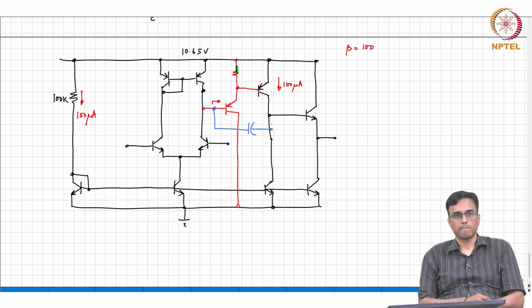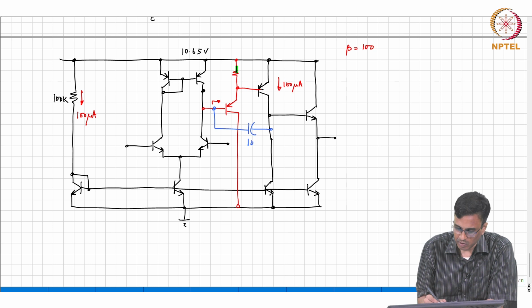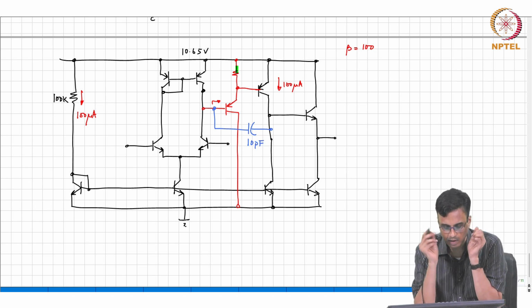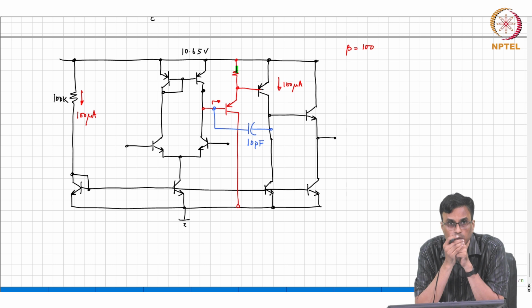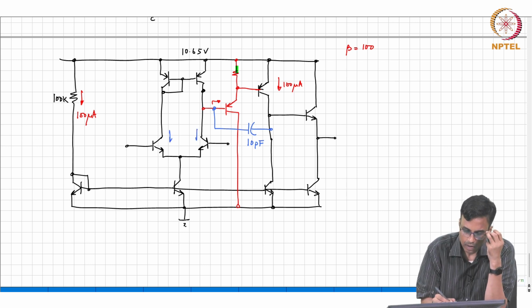Okay, all right, and it is very straightforward. So, let us say this is, I don't know, 10 pF. So, what is the unity gain frequency? For a bipolar transistor, this is very easy to do. What is the current flowing in each of these transistors?